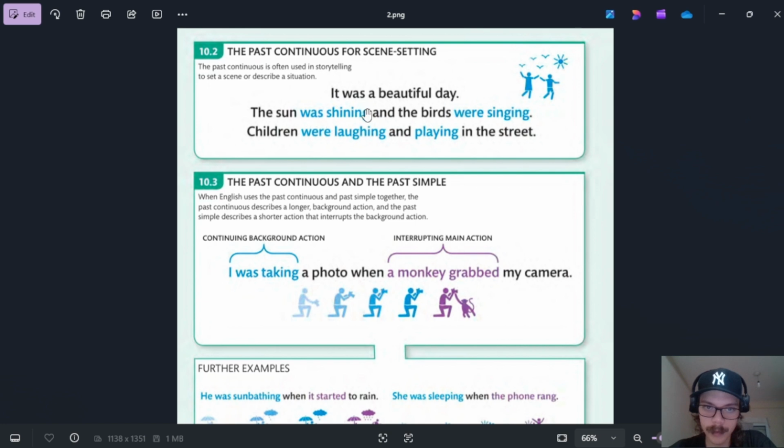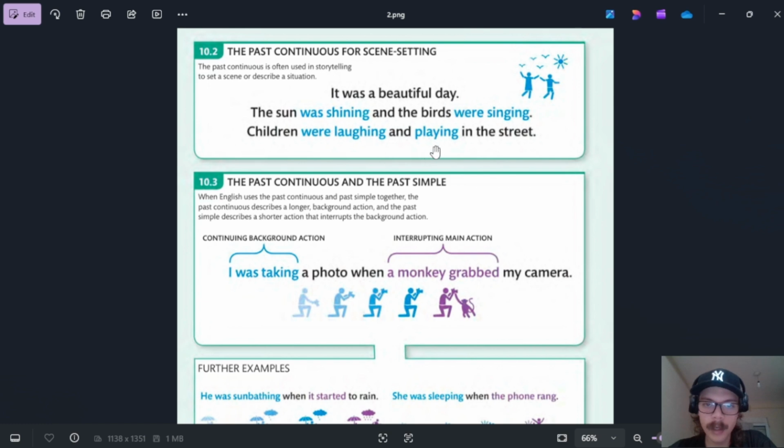Okay, so the sun was shining and the birds were singing. In the third sentence, it's a little bit different because we're only talking about one thing, which is children. Children, being plural, uses were. Now, we have 2 verbs here, laughing and playing.